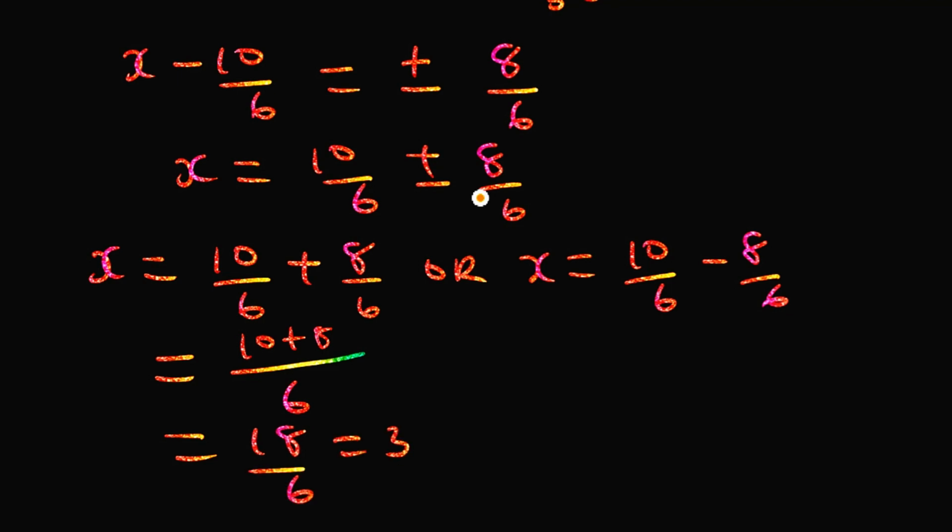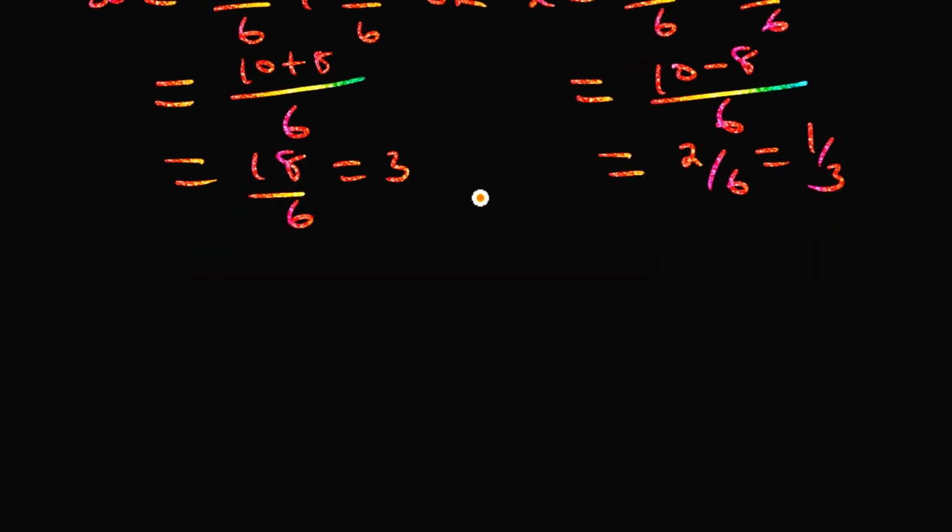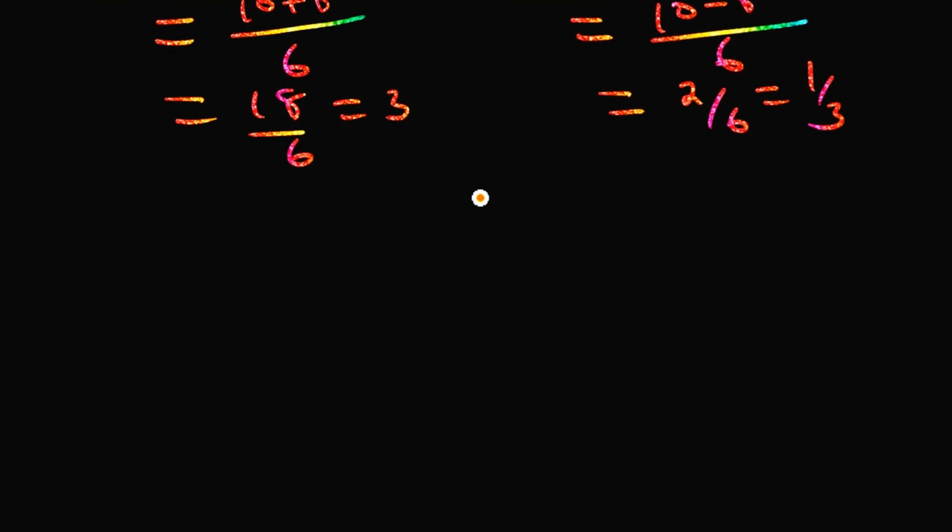The first value of x is 3, and if we take the negative sign, we're going to have 6, and then in the numerator we have 10 minus 8, and that is 2 over 6, which is the same as a third. So now we can try and check if these values are true for our equation.